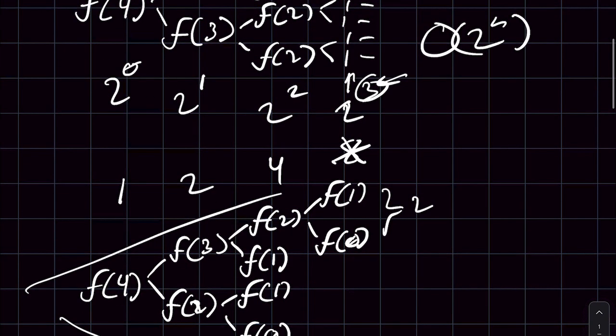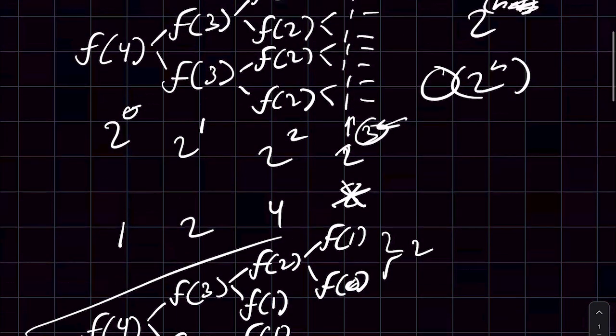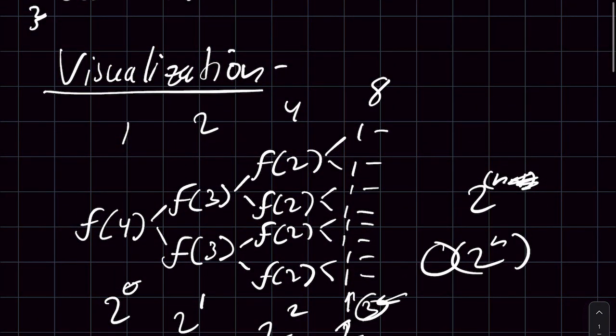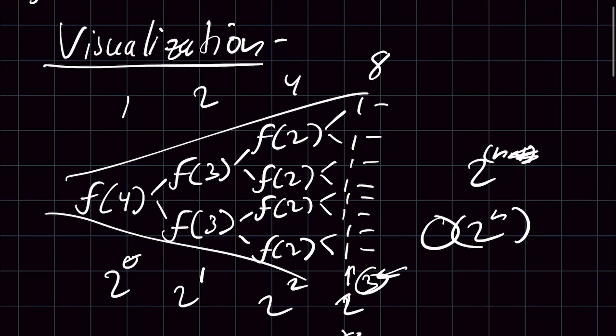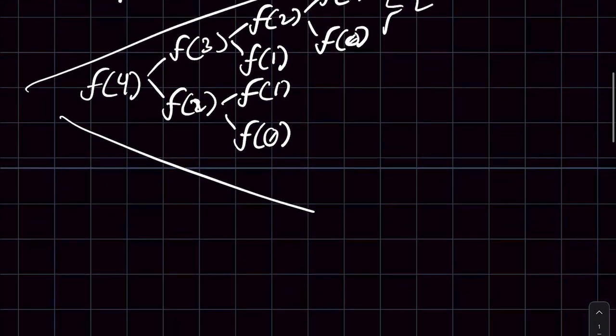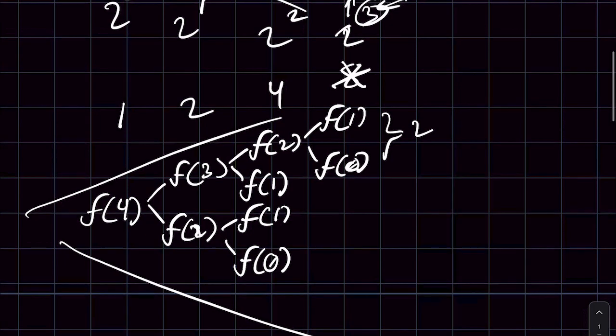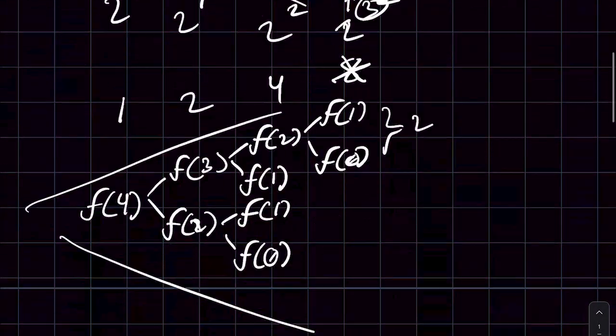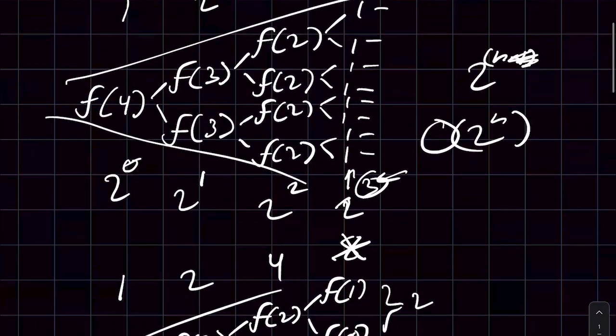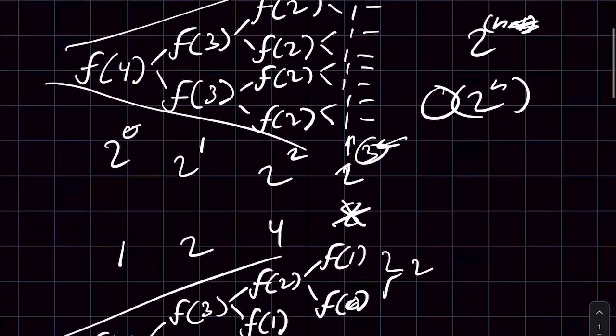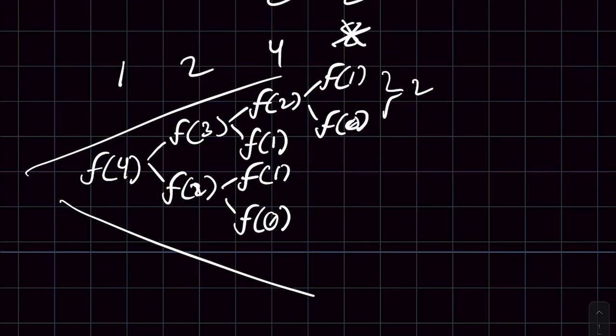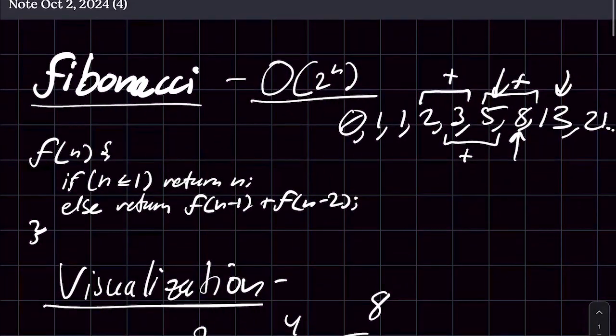It's growing in this triangle-like fashion with the growth rate of an exponential function. And so that's why this would be considered exponential, because this would be represented with quite a complex function. But at the base of it, it is 2 to the power of n, and you can see that by visualizing it. And so this would be considered an exponential function.